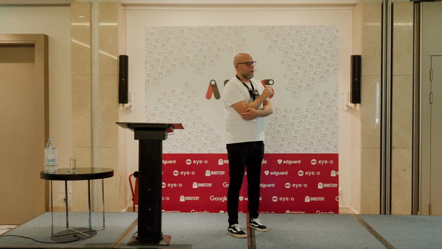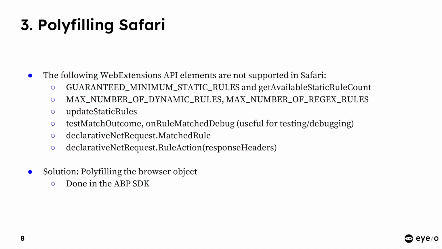We had to polyfill Safari. One reason was because the following Web Extensions API elements are not supported in Safari. So this is a list: a max number of dynamic rules. Okay, we need to know that. Or updating static rules. I mean, these are the main things.